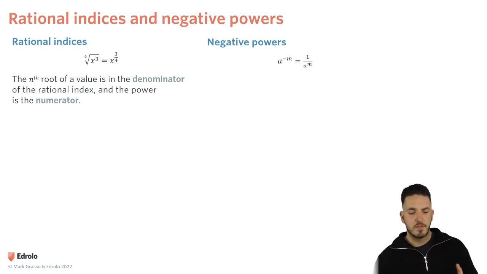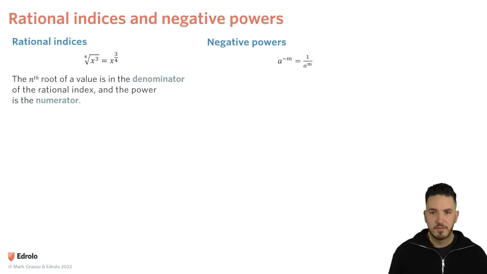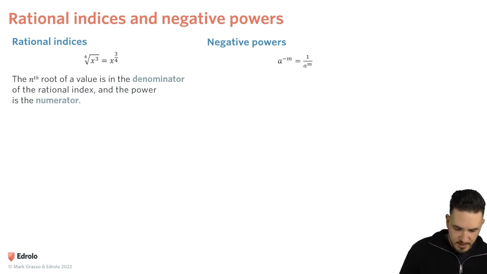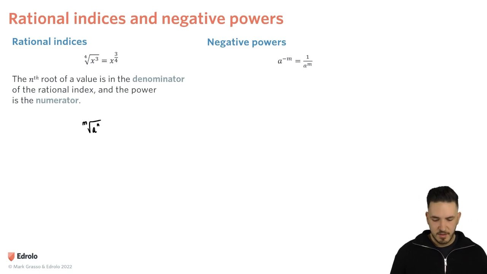And if we look at the proof of this particular rule, or index law, let's say, for example, we had the mth root of a to the power of n. So this could be rewritten, as we know the mth root, or if we think of the square root, that's simply a to the power of a half.